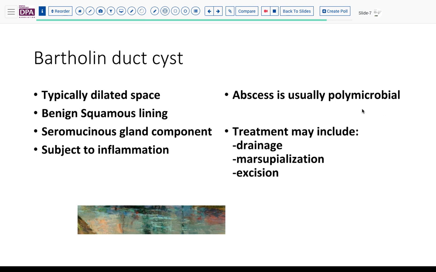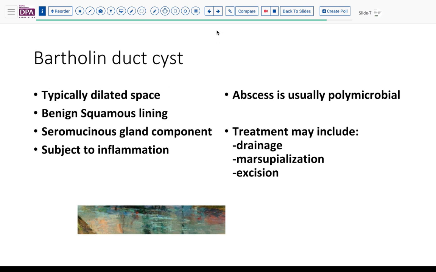Treatment for these lesions is going to include some sort of drainage, so either a dilatation type of procedure to drain the cyst, or if necessary, either marsupialization or potentially excision of the lesion with attention to how the gland is going to be drained following excision of the cyst.